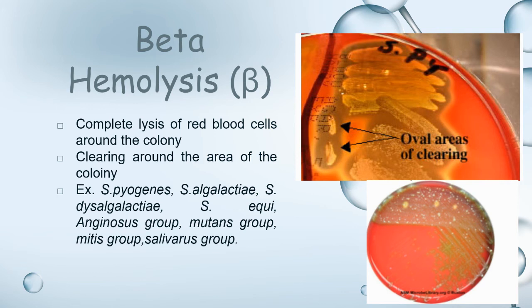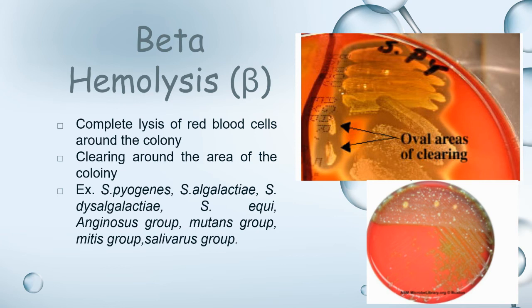So, beta hemolysis is caused by two hemolysins, that is hemolysin O and hemolysin S. Okay? So, hemolysin O is inactive in the presence of oxygen. So, thus, yung stabbing of the plate, stab streak technique ang ginagamit natin. Okay?